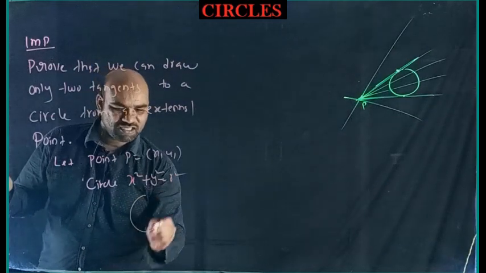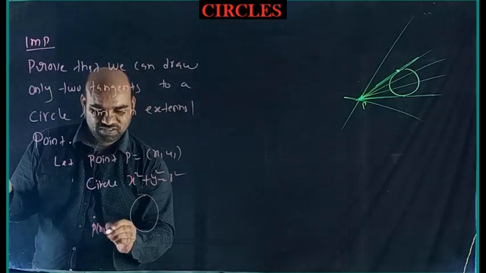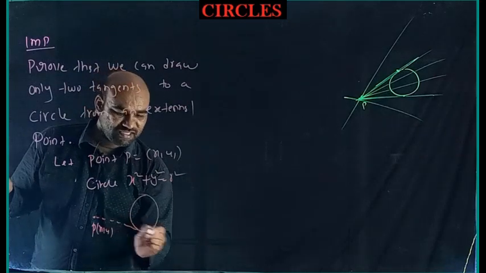Okay, this is the circle, P is (x1, y1). So this is one of the tangents.